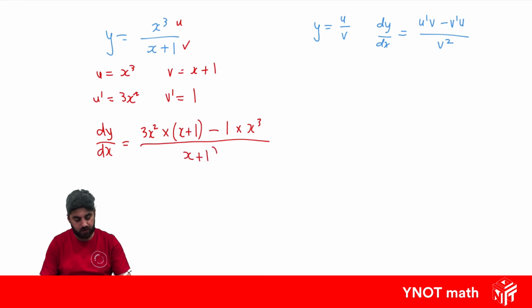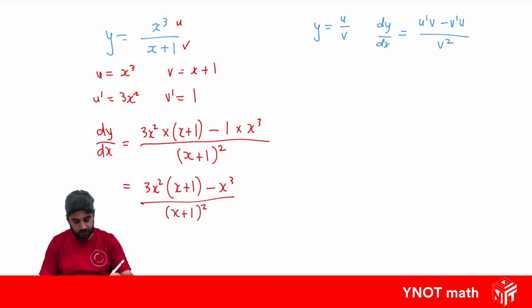V is x plus 1, and we need to square the whole thing like that. So we can tidy it up a little bit, saying we'll get 3x squared outside of x plus 1 minus x cubed all over x plus 1 squared.